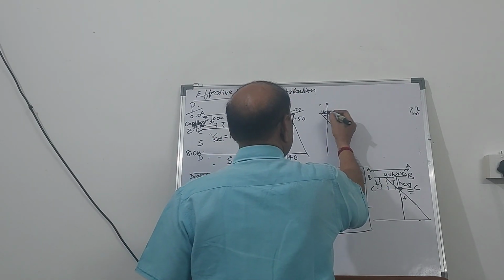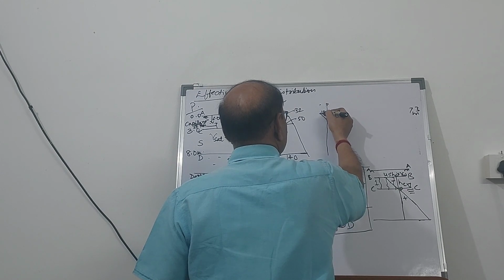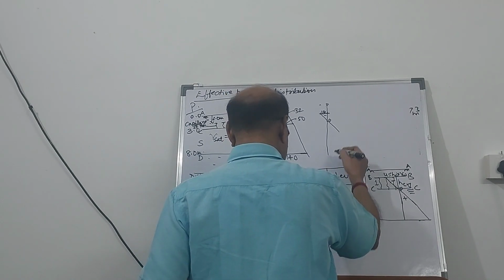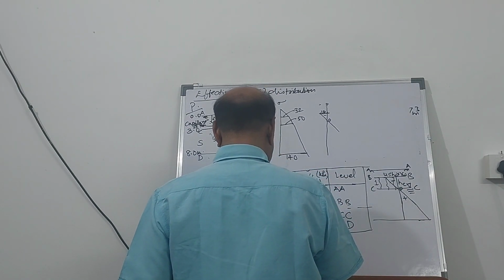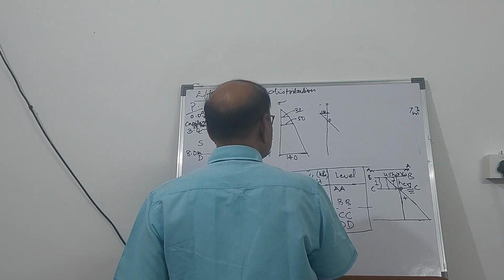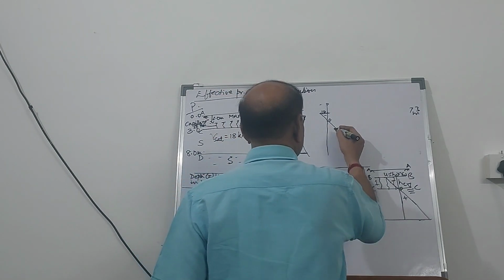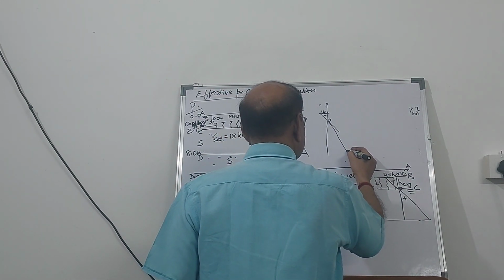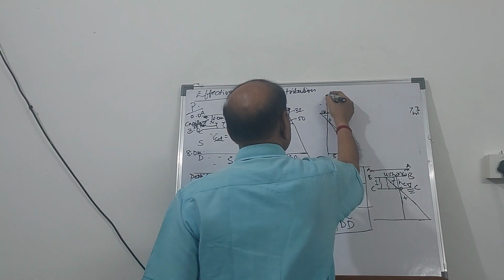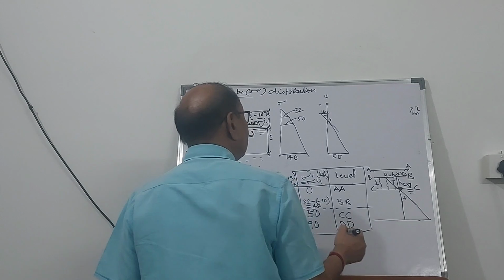So it should be shown like this. 0, minus 10 here, and then it becomes 0 at CC level. And then it becomes 50. So from this, it becomes 50 here. So this becomes the distribution of pore water pressure.